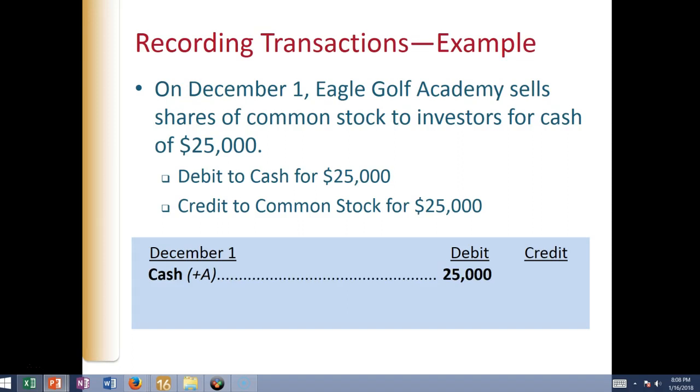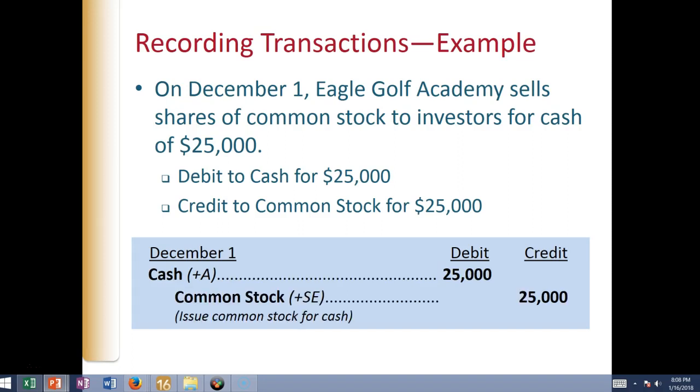So our journal entry will show a debit to cash. Do you see this is the account? We know it's an asset. It's increasing, so we debit it. Common stock is a stockholder's equity account. We know we're increasing it, so we credit it.